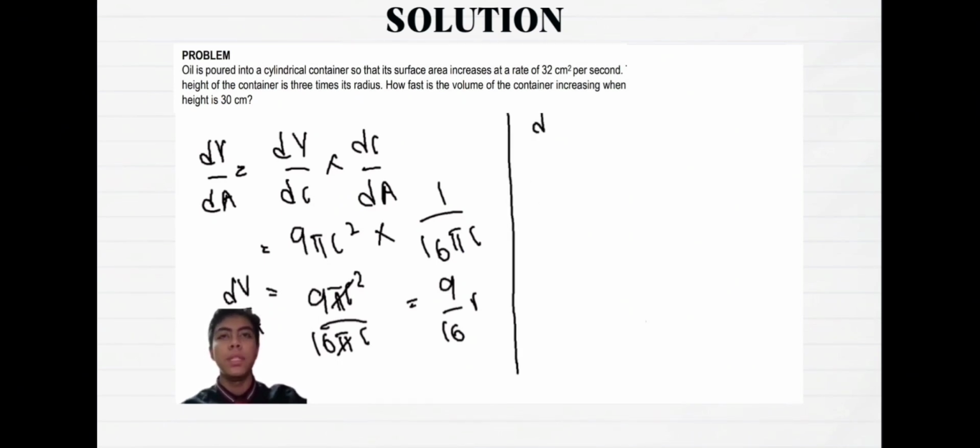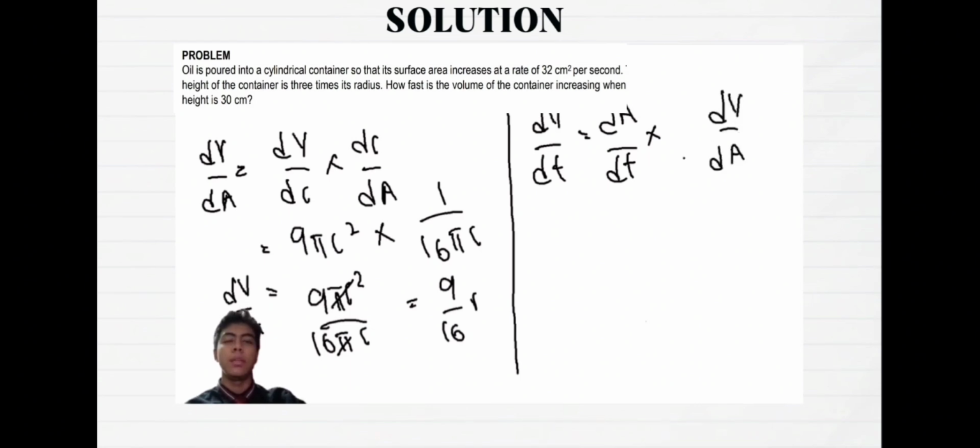Now to get dV/dt, we can substitute into dA/dt times dV/dA. In the question, dA/dt is 32, times the dV/dA we got just now, 9r over 16.